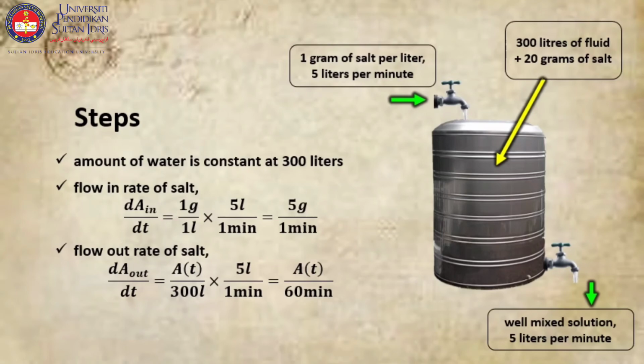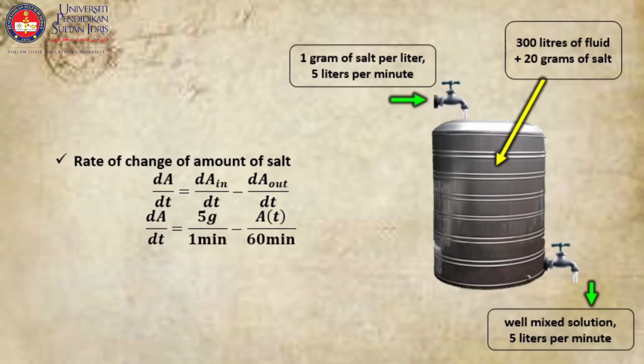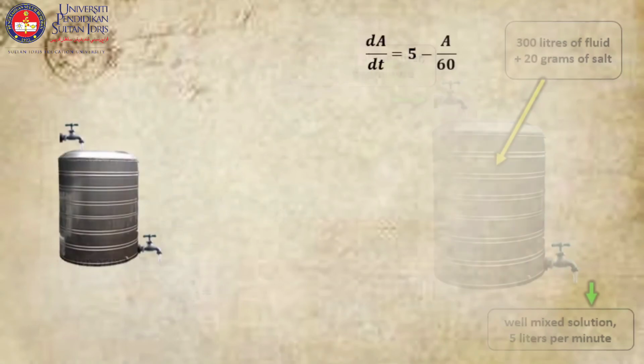So this gives us the equation dA_out over dt equals A(t) over 300 liters times 5 liters per minute, which gives us A(t) over 60 per minute. So the rate of change of the amount of salt equals dA_in over dt minus dA_out over dt. We substitute to get dA over dt equals 5 grams per minute minus A(t) over 60. Ignoring the units, we get dA over dt equals 5 minus A over 60.